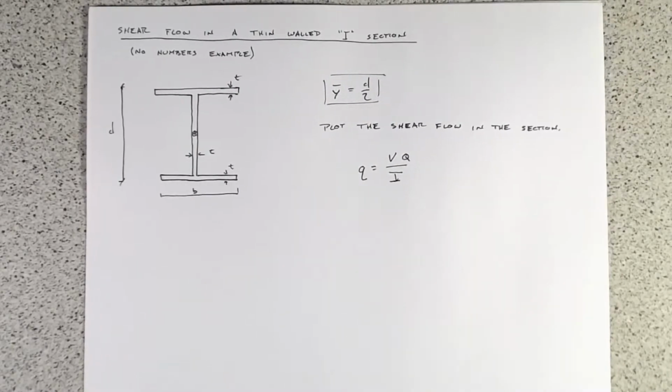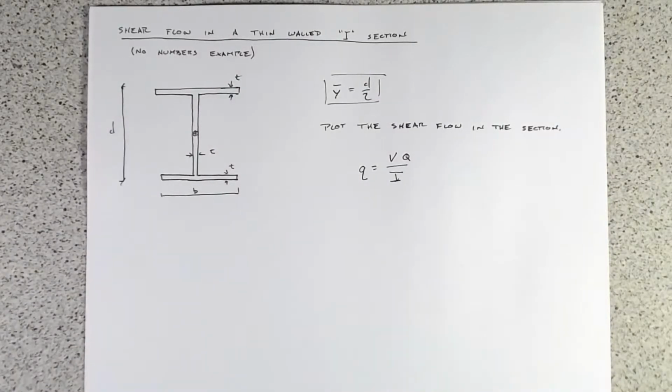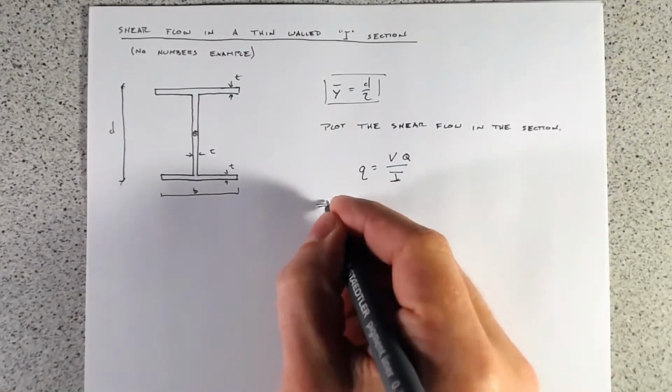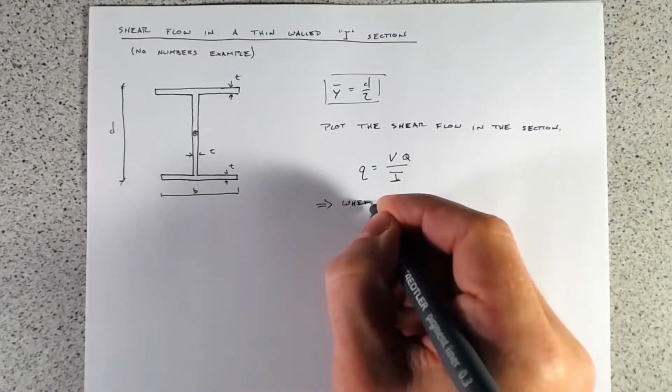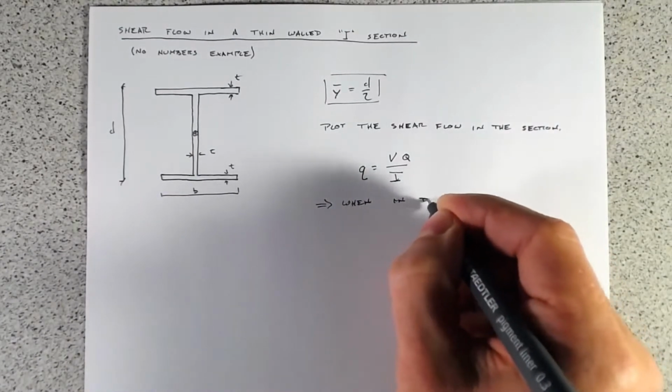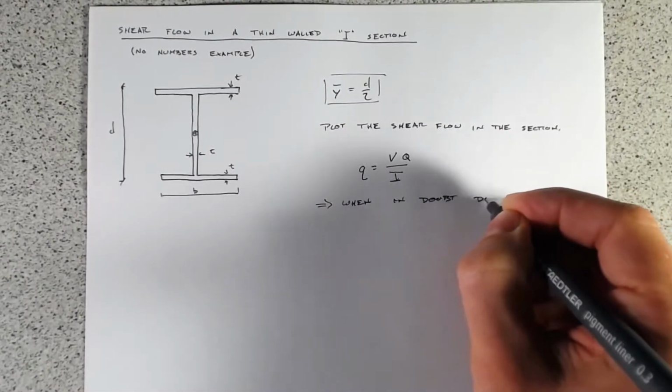Well, we looked in our introduction lecture to shear flow. We were looking in the flanges. So always a good method is, when in doubt, draw a free body diagram.